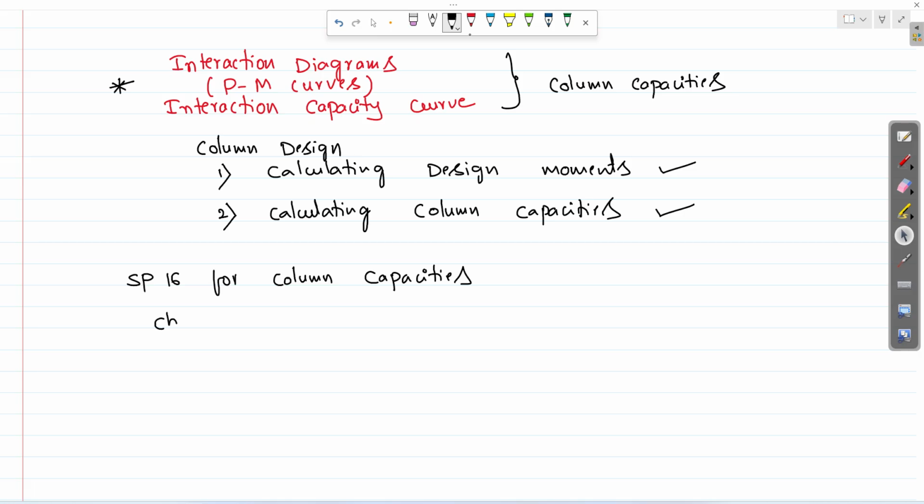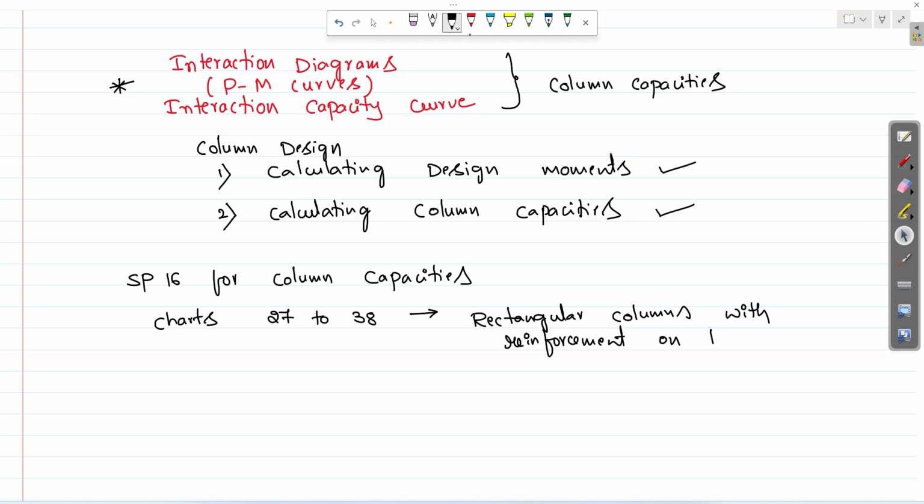There are charts 27 to 38 used for rectangular columns with reinforcement on two sides.